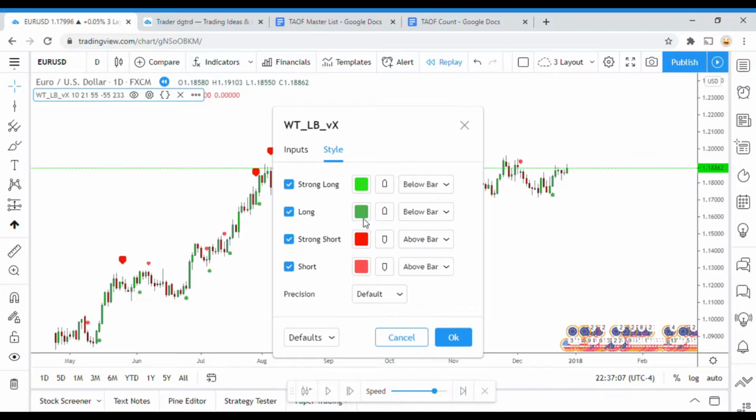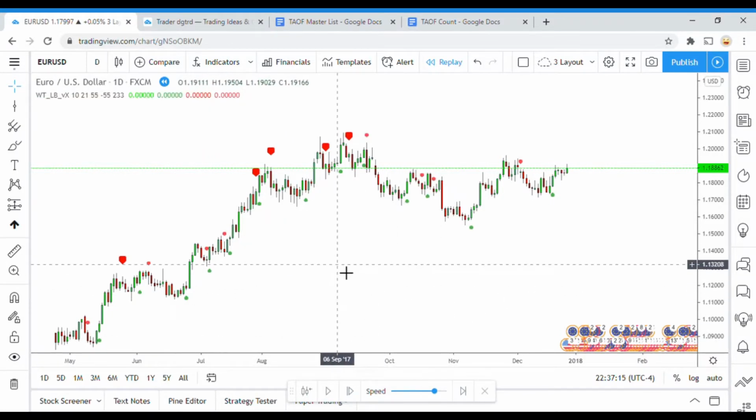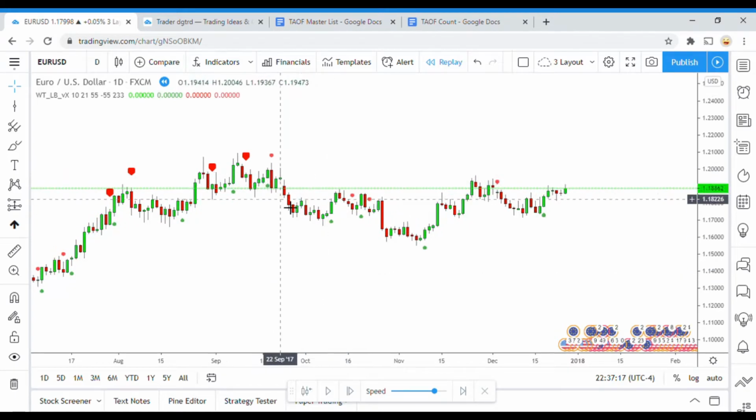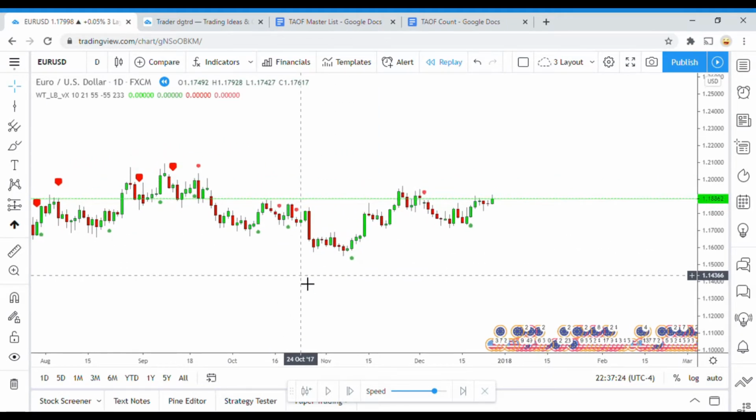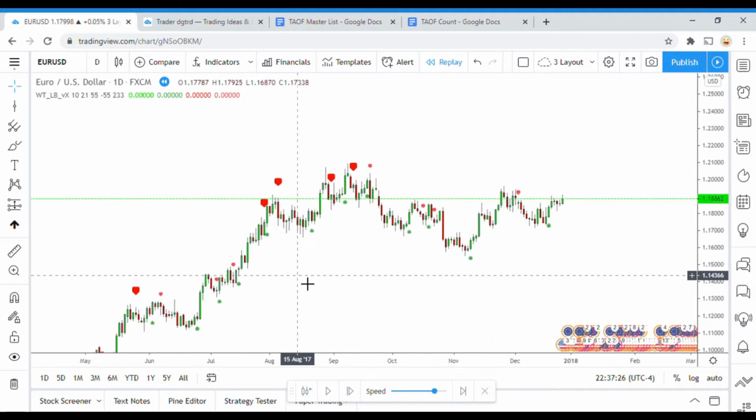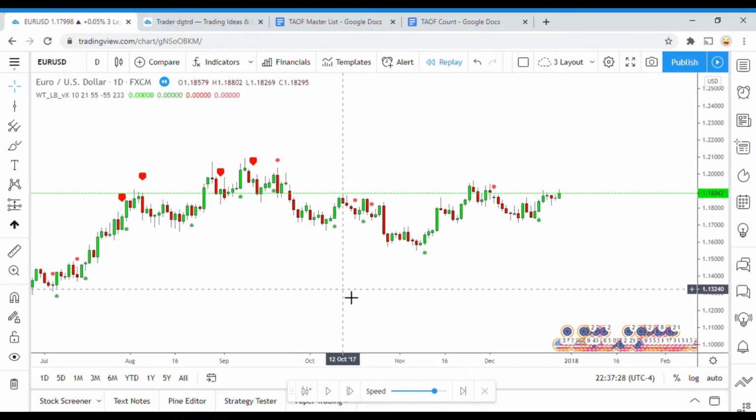Same way with green. I want it to be green. I don't want it to be this really dark, saturated green. Just something about it. It's really strange. I want it to match the same colors as the green and red in the candles that I have set up. Again, that's just me being weird. Sorry if that bothers anybody.